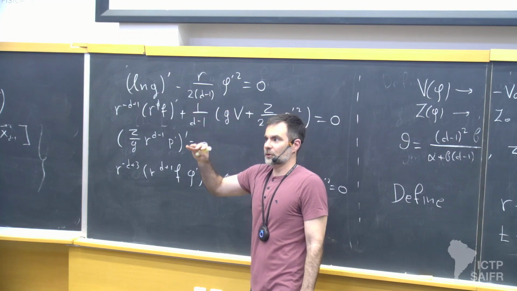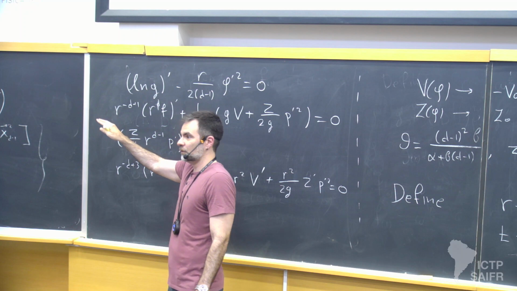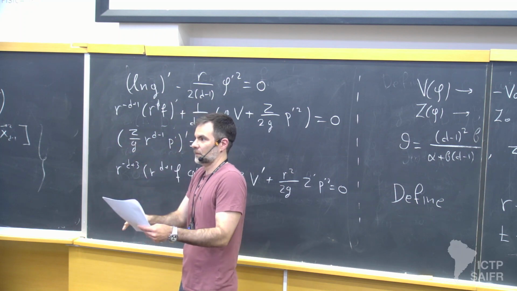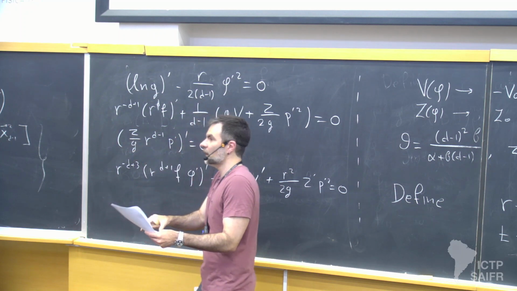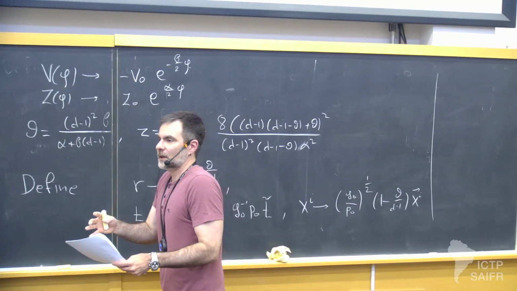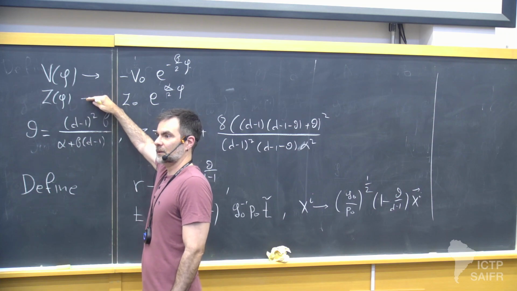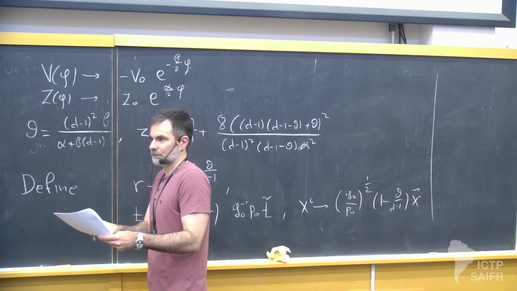What the dimensional reductions from higher dimensional supergravity would fix is the precise form of V and Z. But what I wanted to say is that all dimensional reductions that I know of, for large phi, have this behavior.